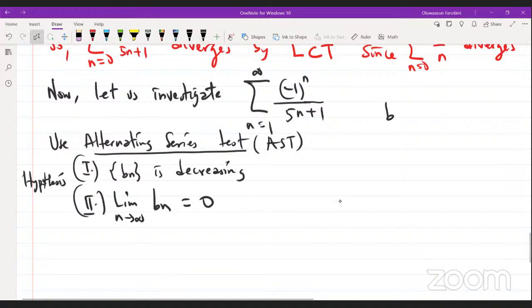In this case, of course, my Bn is 1 over 5n plus 1, because my Bn is the part that doesn't factor in the alternating signs.